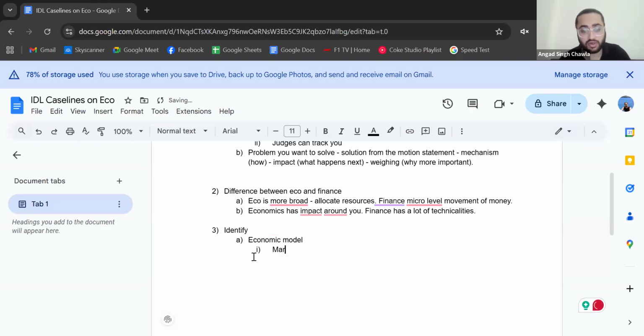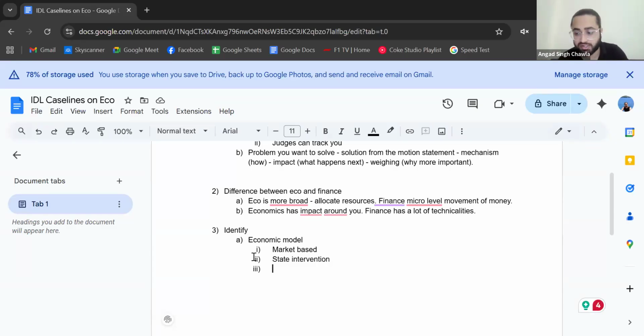The first is called a market-based model, which is when a free market takes over, which means that companies go ahead and create things like demand and supply, and they fulfill those things as a consequence. Second is called state intervention, wherein the government intervenes by directly funding a particular company or making an economic policy that changes the way the GDP functions or economic activity in the country goes.